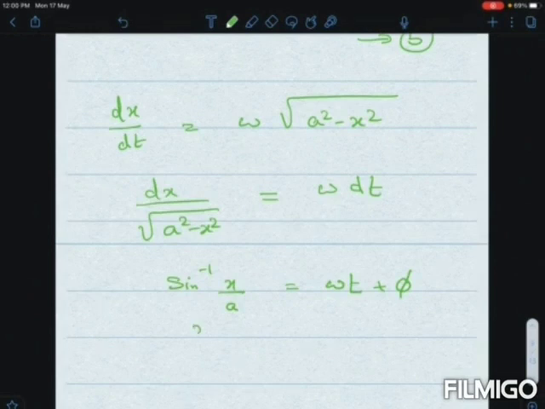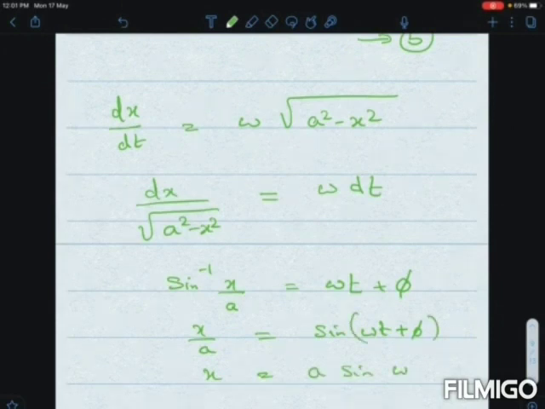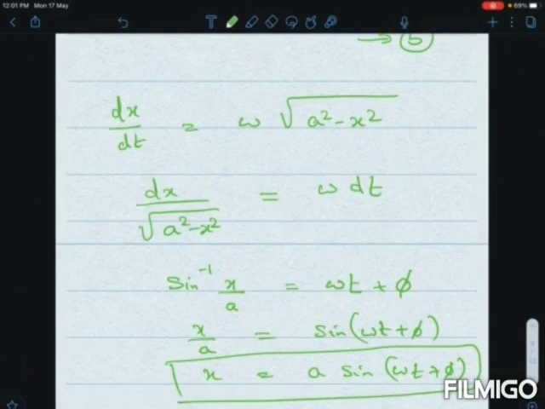Or this can be written as x by a is equal to sine omega t plus phi, or x is equal to a sine omega t plus phi. So this is our solution to the equation 1, d square x by dt square plus omega square x is equal to 0. The solution is x is equal to a sine omega t plus phi. This is my 6th equation.